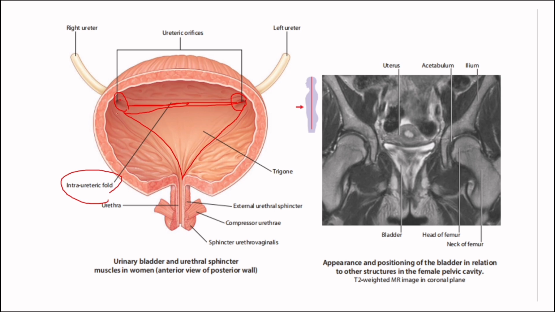It forms the base of the trigone of the bladder. This is the only smooth surface of the bladder. Then the neck of the bladder forms the apex of the trigone.